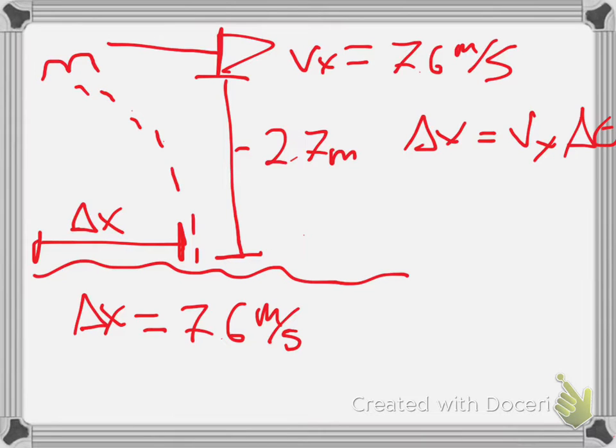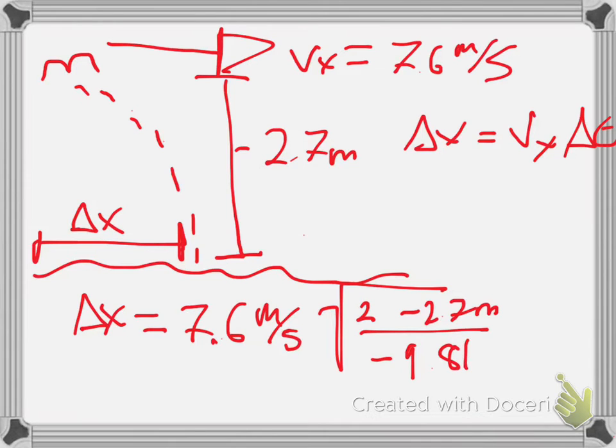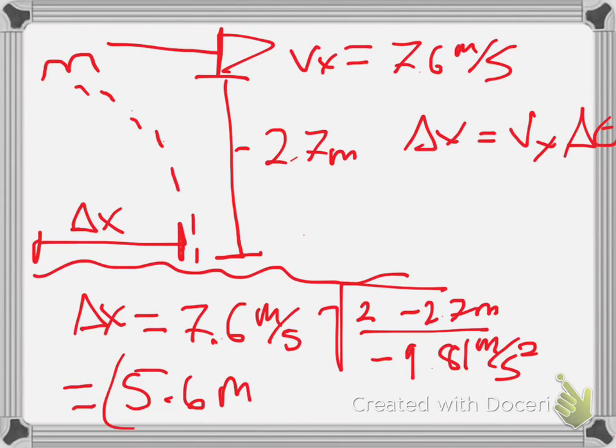Delta x is going to be this value times that whole big conglomerate that we came up with. So the square root of 2 times the change in y, which we know to be negative 2.7 meters, all divided by acceleration due to gravity. And the result comes out to be about 5.6 meters.